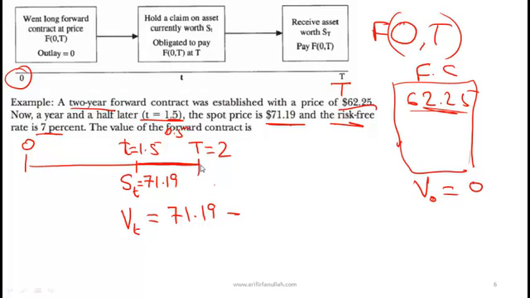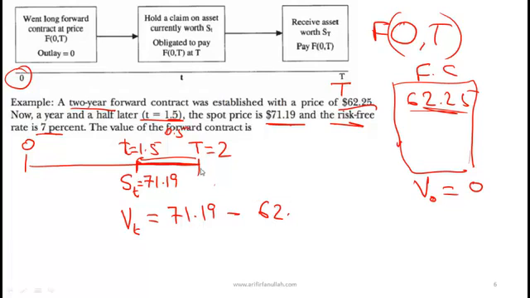So what is 62.25 at t equal to 2? What's that worth half a year earlier? So you simply discount that back, right? So you are comparing the spot price at t equal to 1.5 at this point.